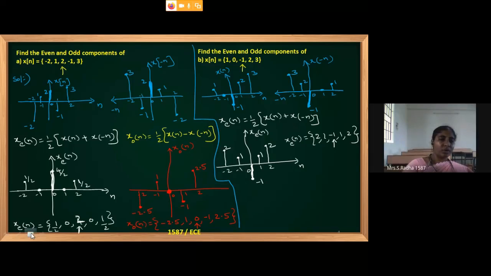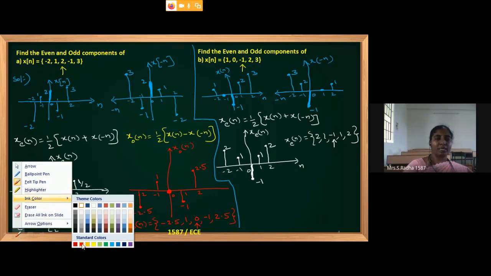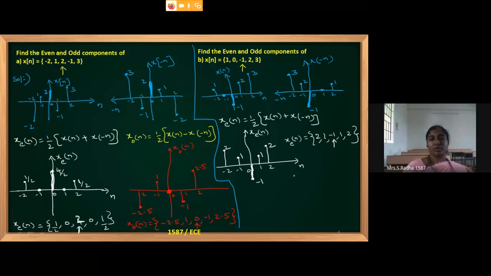Now I will go with the odd component. I will draw the diagram in red. The formula for the odd component is half of x of n minus x of minus n.